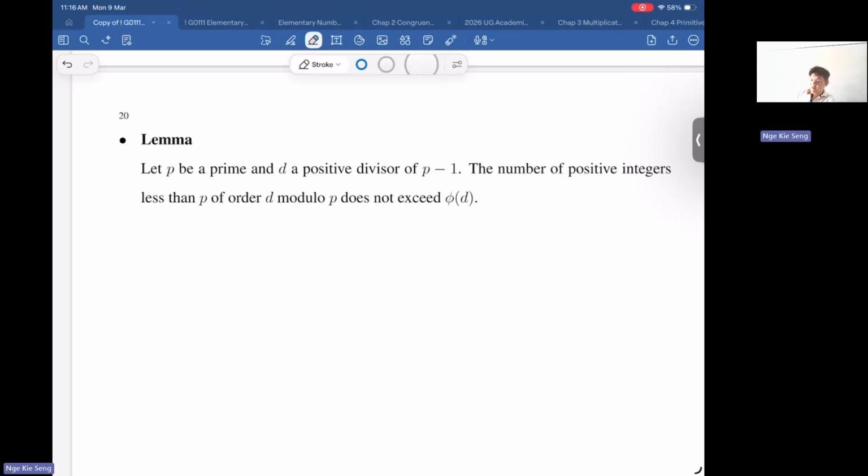Next lemma is again the same condition you had. P is prime and D is a positive divisor.